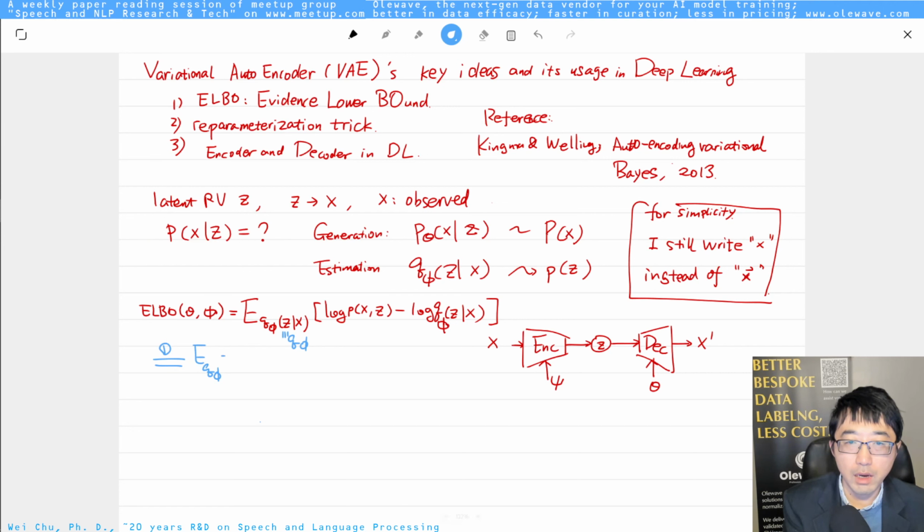And then you will have log p theta of x, and then you have q phi of z given x.